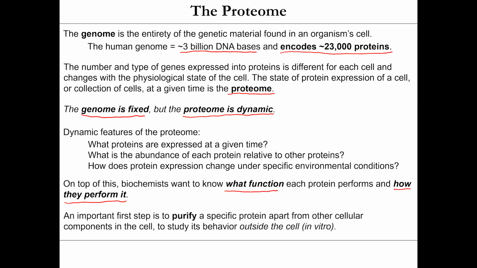An important first step for this, which we're going to go over today, is to purify a specific protein away from all the other proteins in the cell, and then you can study its behavior outside the cell, or in vitro, as opposed to in vivo, which would be studying that protein's function within the cell.